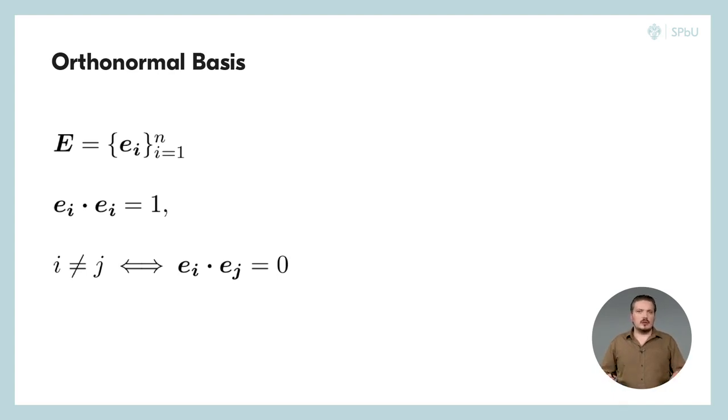The inner square of every its element must be equal to 1, and the inner product of any two different elements must be 0. Now we know enough to approach the notion of a conjugate space.